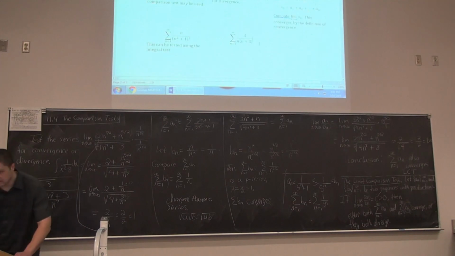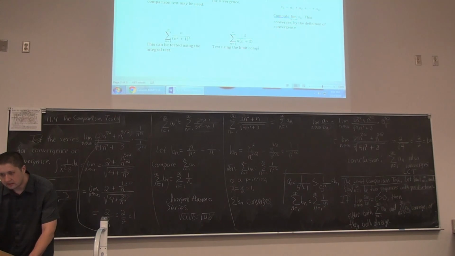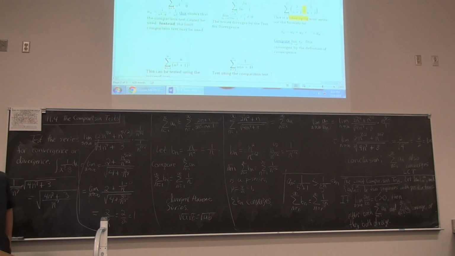So we'll test this using the original comparison test. So we have a good idea of what should go to what based on the form of the series. Again, this is pretty tricky, but it's some of the things that we have to start thinking about when the number of tests increase. Any questions so far with this problem?